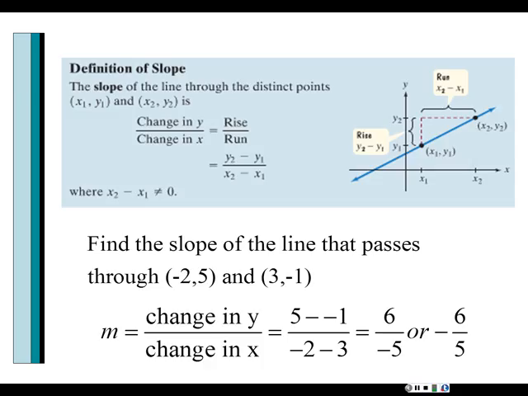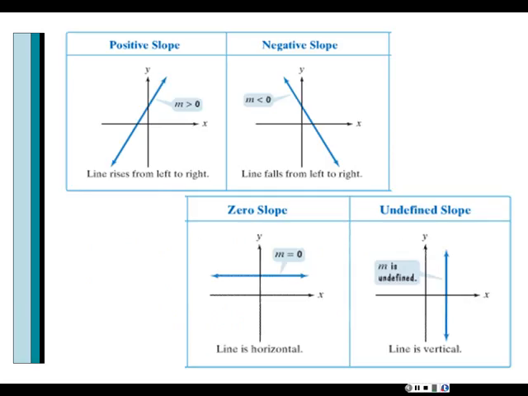So for this question, we assume this is x2, y2, and this is x1, y1. So now you have y2 minus y1 over x2 minus x1, and you will end up with negative 6 over 5. So your slope is negative in this case.